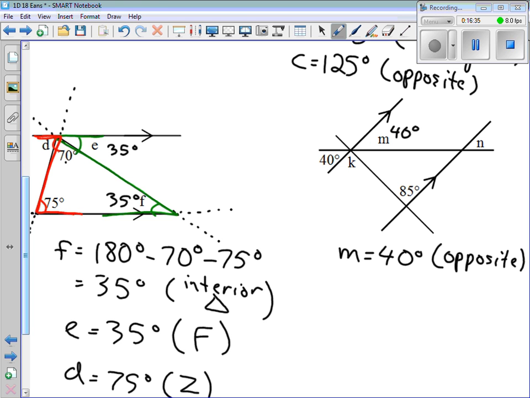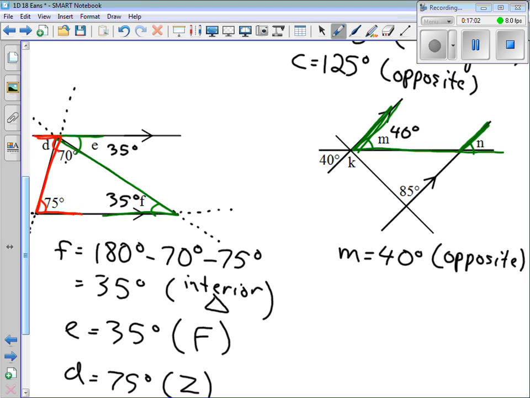What can we do with that? Let's see. Emerson. There's an F pattern to N. Ah, I see it now. We do this, this, and this.